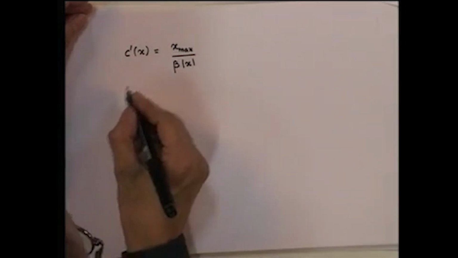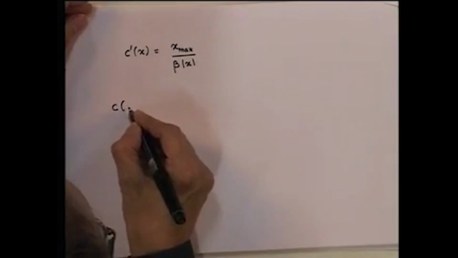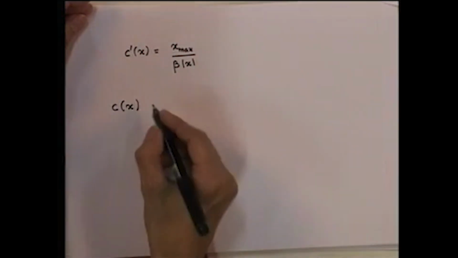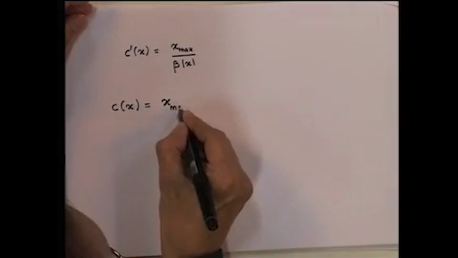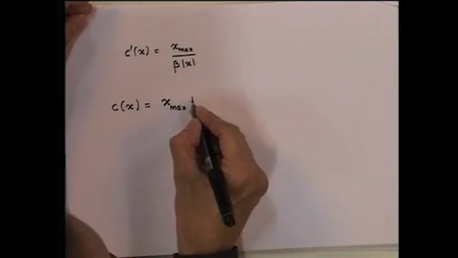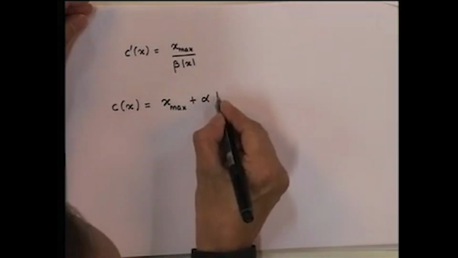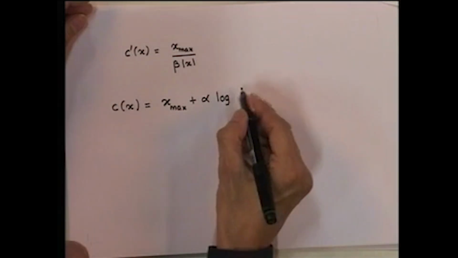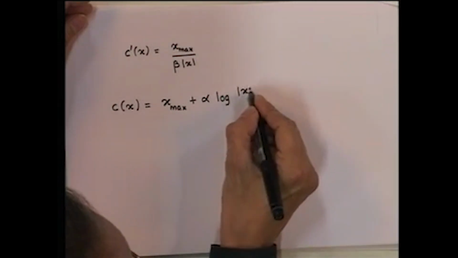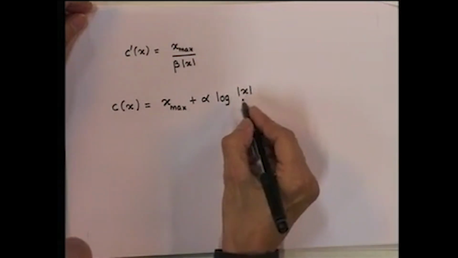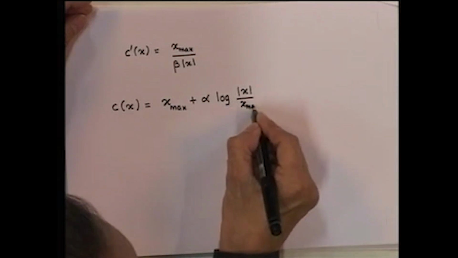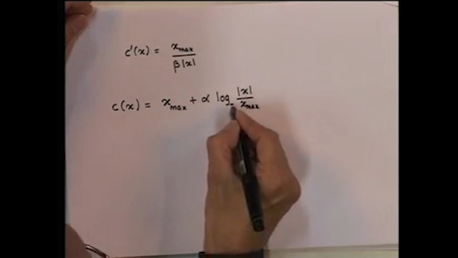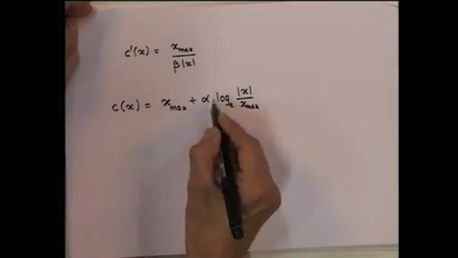Therefore, this on integration results in the compressor characteristic given by C x is equal to x max plus alpha times log mod x by x max, where alpha is a constant.